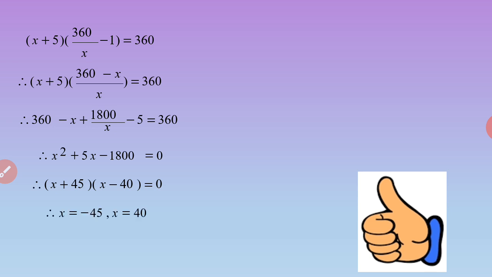In that case, x equals minus 45 or x equals 40. Children, x was our speed and speed cannot be negative. So we go with the positive value, that is x equal to 40. So we'll say that the speed of the train is 40 km per hour.